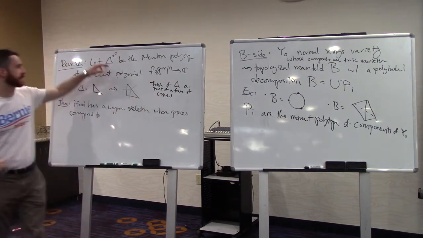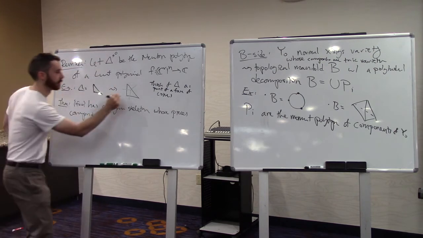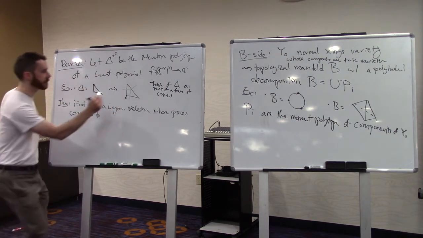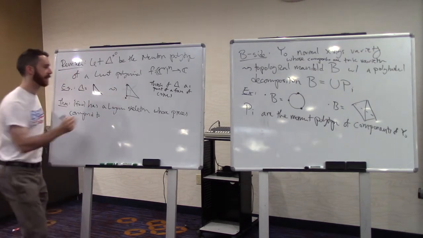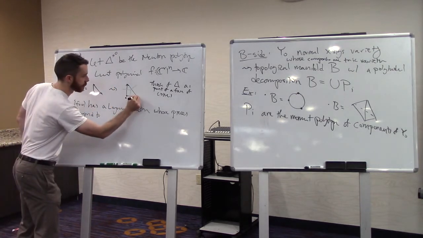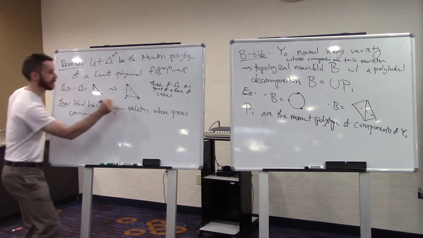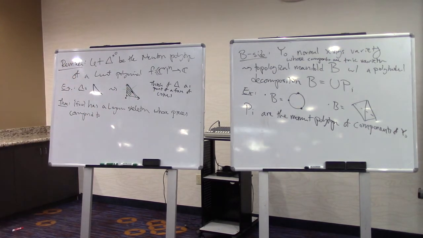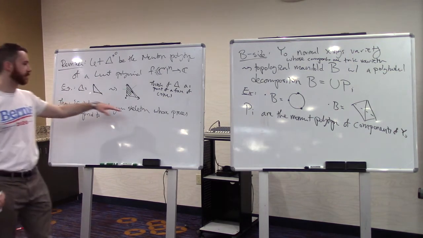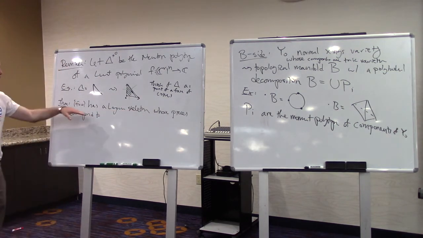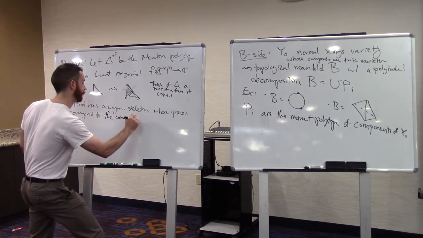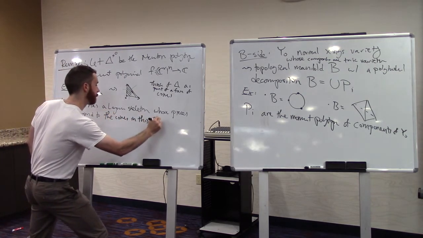I told you that delta contains 0, so here's 0. To think of this as a fan of cones, I pretend that this edge is a ray going this way, this edge is a ray going this way, and the interior of the polytope is a two-dimensional cone. So in that case, f equals 0 has a Lagrangian skeleton whose pieces correspond to the cones in this fan.